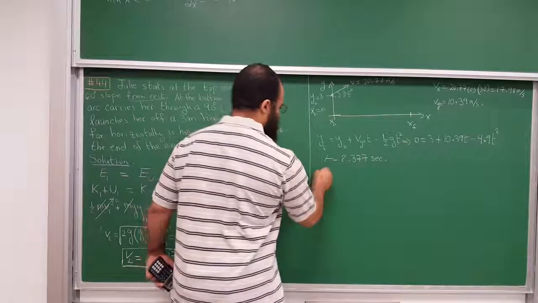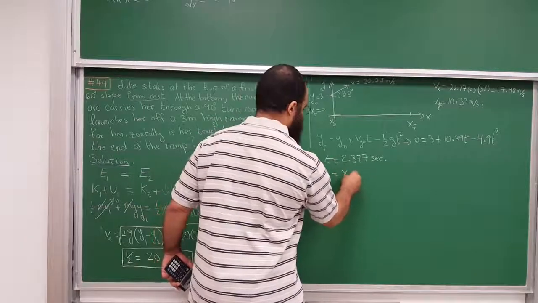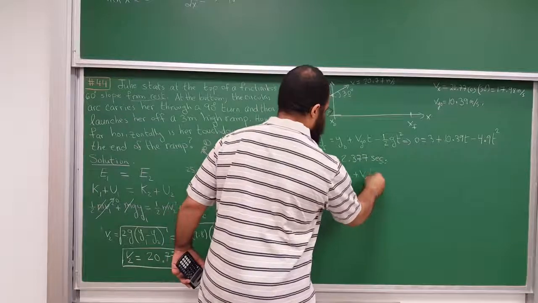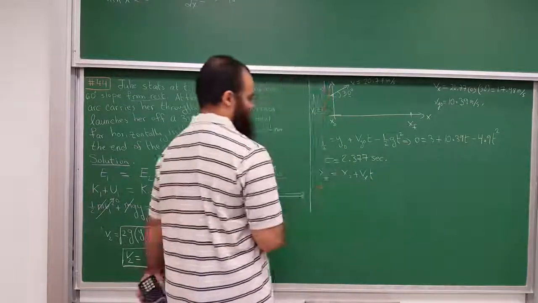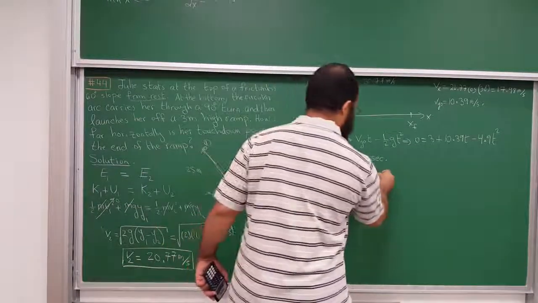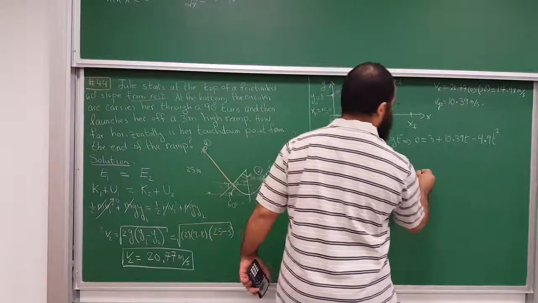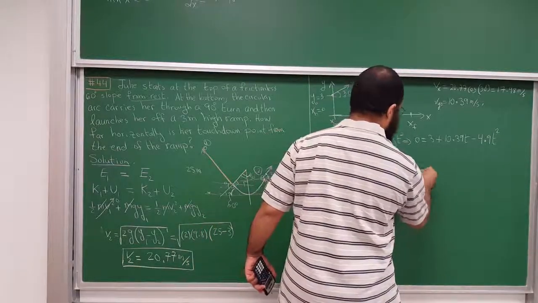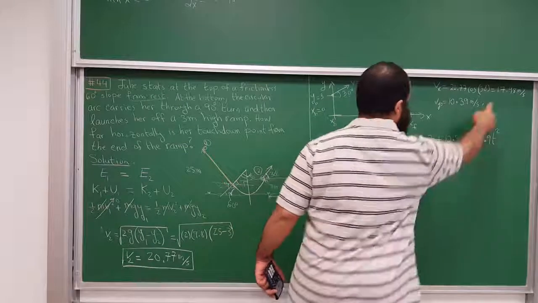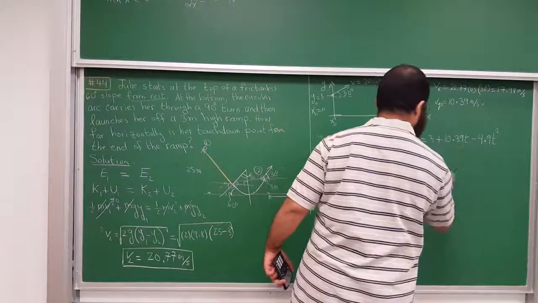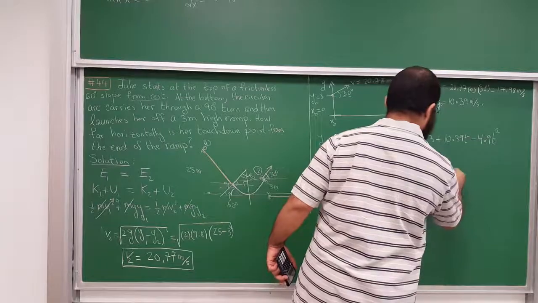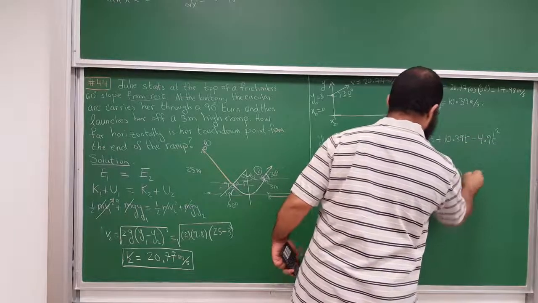So we know that x final is equal to x initial plus vx times the time. There is no acceleration in the x direction. So we get x initial is 0, vx is 17.98, times the time, 2.377.